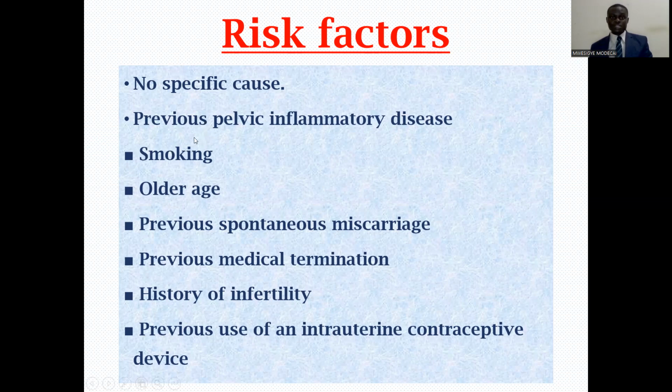Another risk factor is smoking, because it causes vasoconstriction. And if it causes vasoconstriction, it can also cause constriction of the fallopian tube. And once the fallopian tube is narrowed, it can't allow the products of conception to move freely towards the uterus. Another thing is old age.